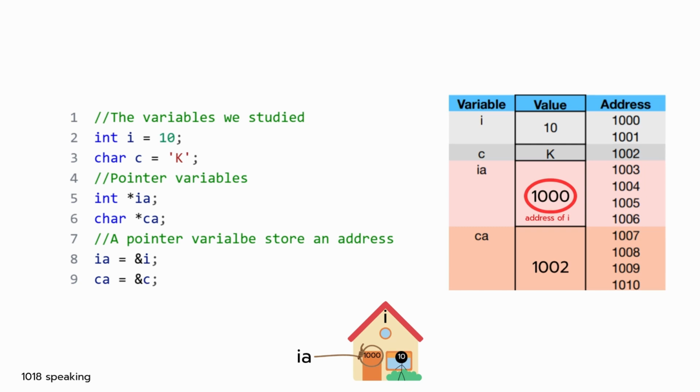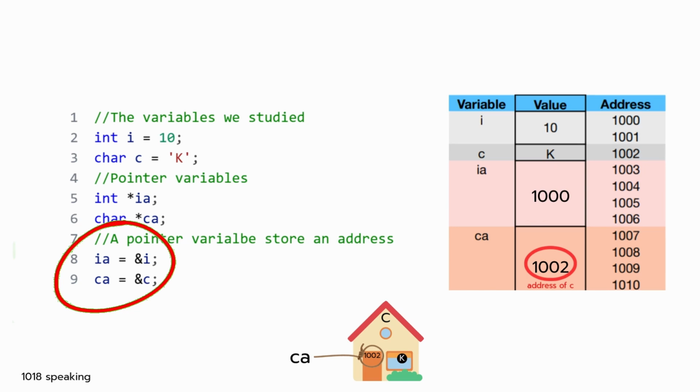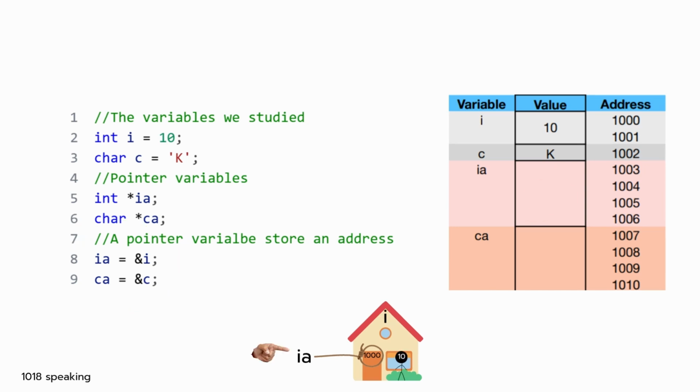So when we write ia equals ampersand i, ca equals ampersand c, we're saying, "Hey pointer ia, your job is to keep track of where i lives, and hey pointer ca, you keep track of where c lives." In the memory table, we can see that ia now holds the value 1000, which is the address of i, and ca holds the value 1002, the address of c.